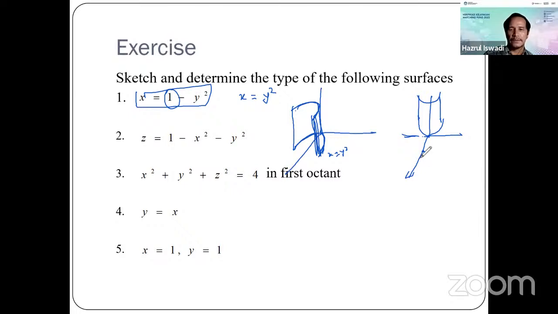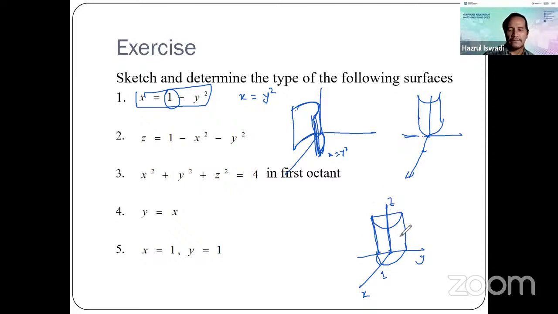So this surface will be like here. And this is the x-axis, y-axis, z-axis.